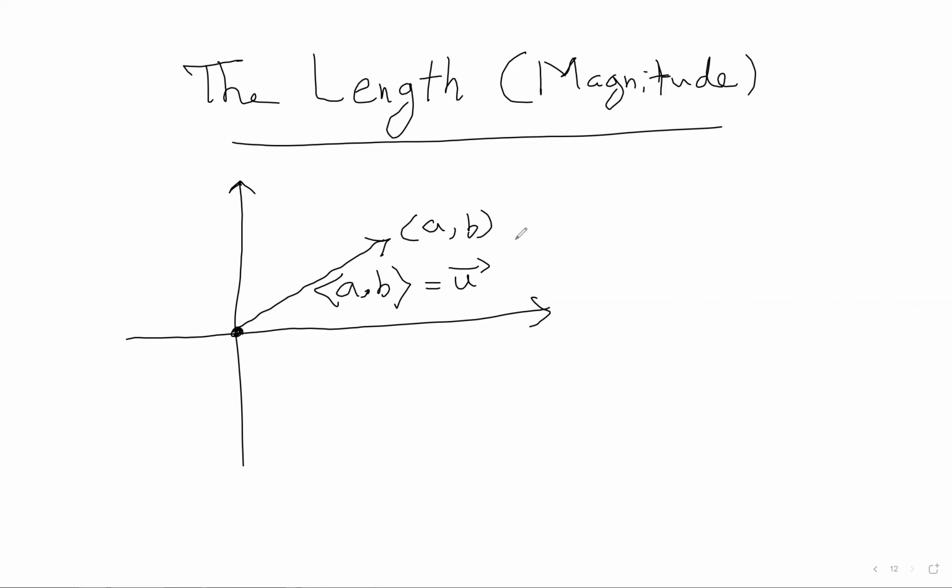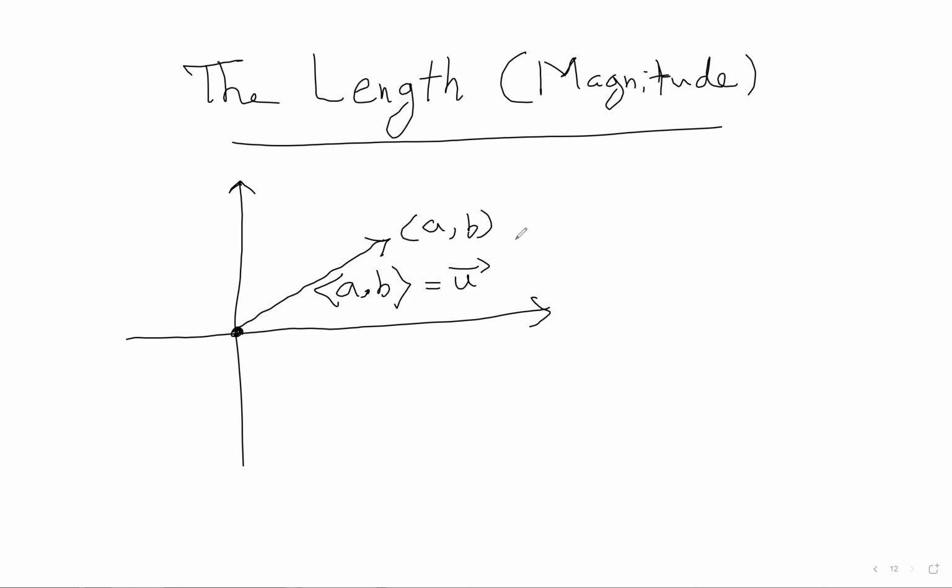So the length of this vector obviously is the length of that line segment between the origin and the point (a, b). And for finding that line segment, it's like a distance formula. You know, distance formula from courses like pre-calculus or even more elementary courses.